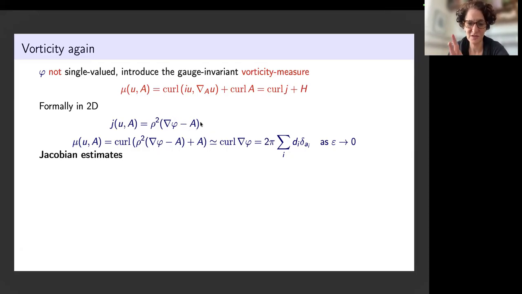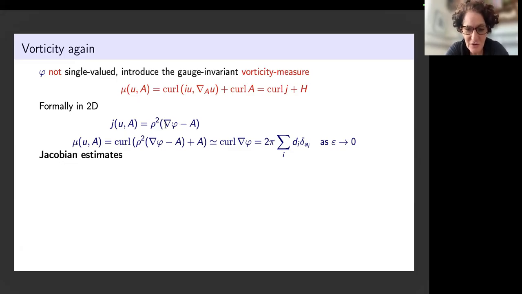If you don't like the gauge, just take it 0 in your mind. And mu UA. So you see, it's like the gradient of the phase, and you can think that rho is like 1. So whenever you have a phase that turns like a vortex, the current turns. So it turns around the vortex line. There will be a picture in a minute.